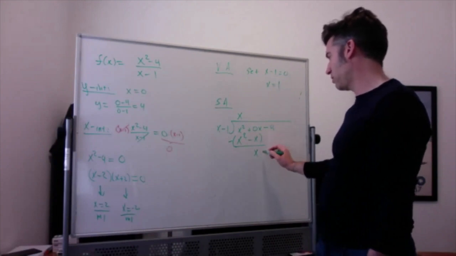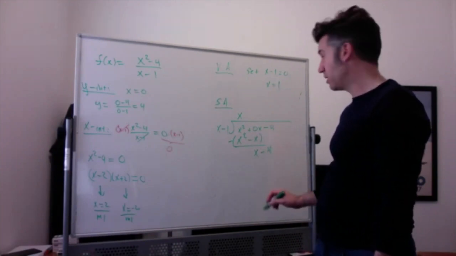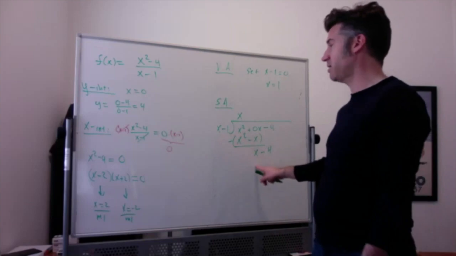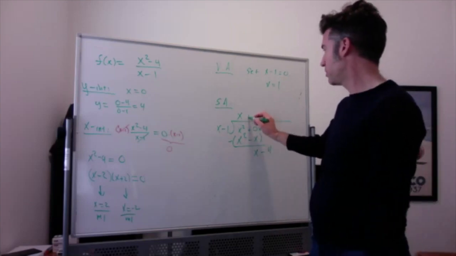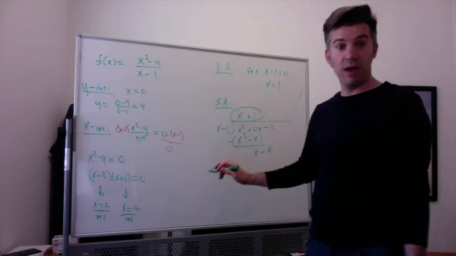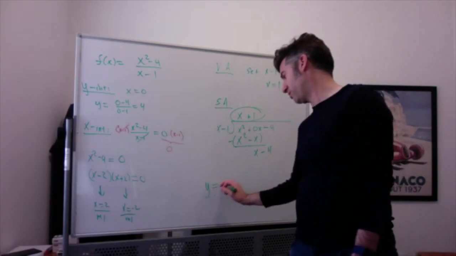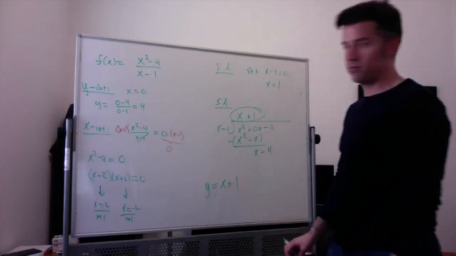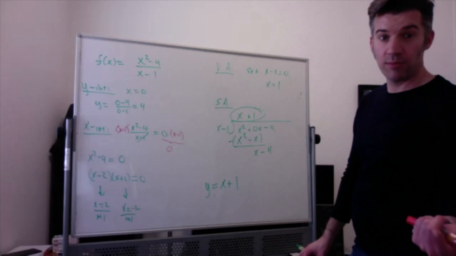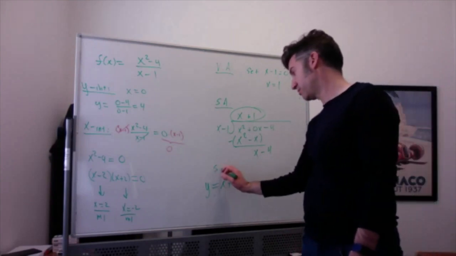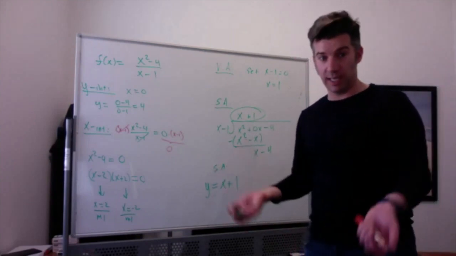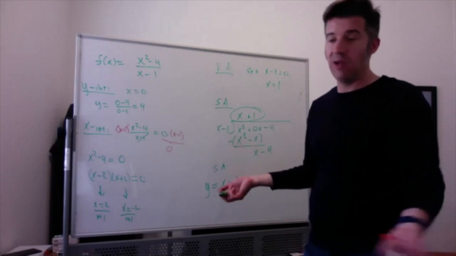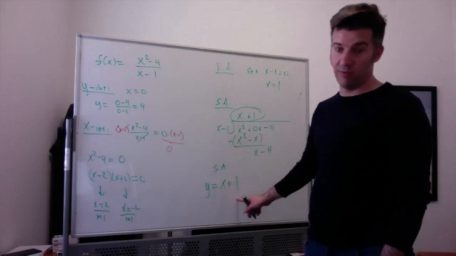Bring down the minus 4. And then what do you multiply by x to get x? You pick 1. And done. Y equals x plus 1. So there we go, that's our slant asymptote. It's going to be a straight line with a slope of 1 and a y-intercept of 1.